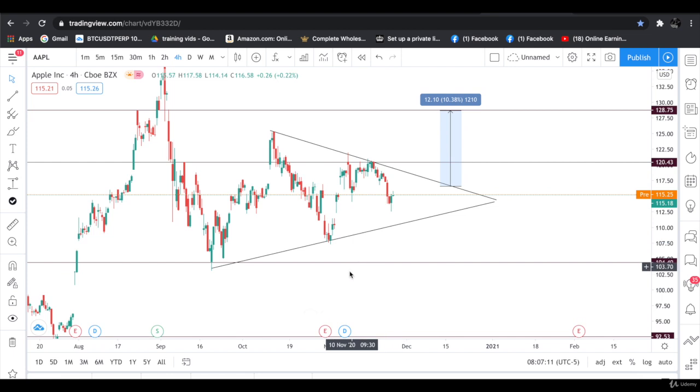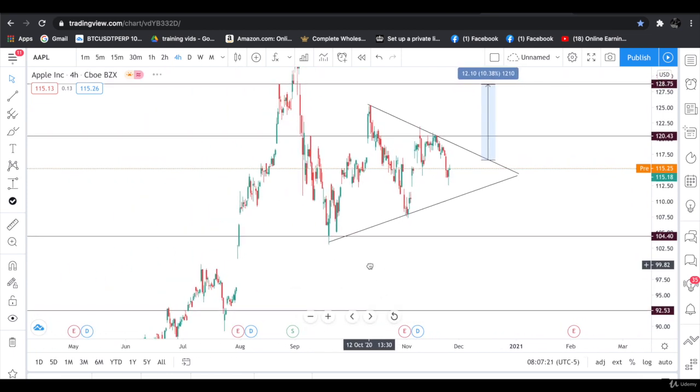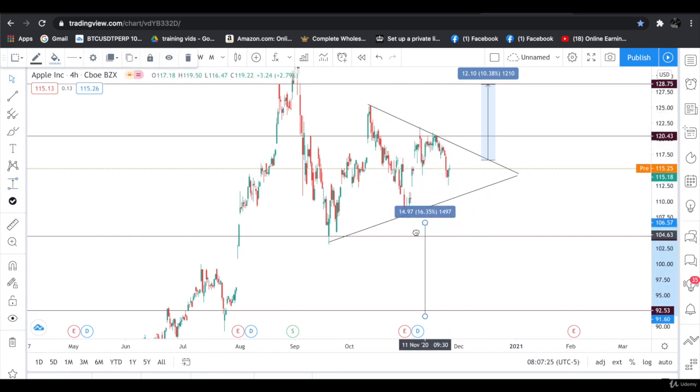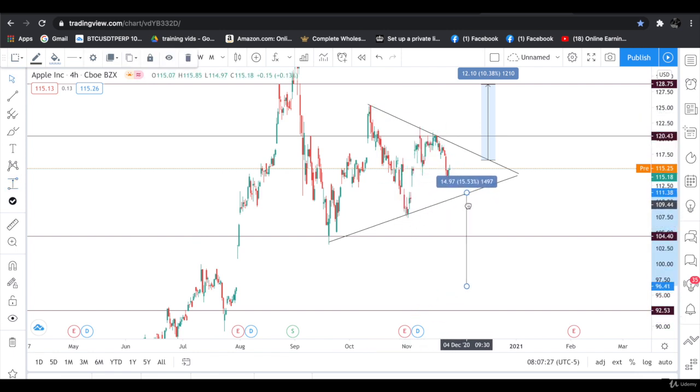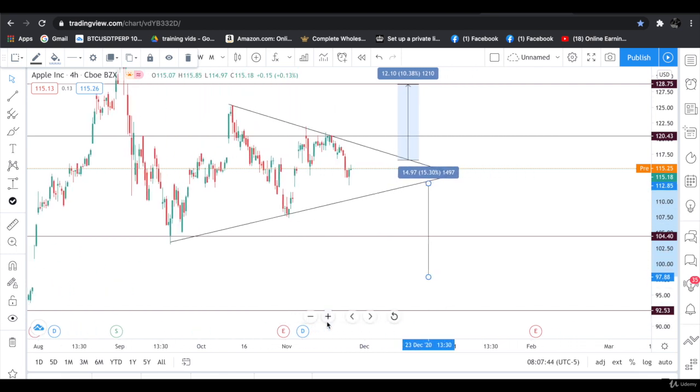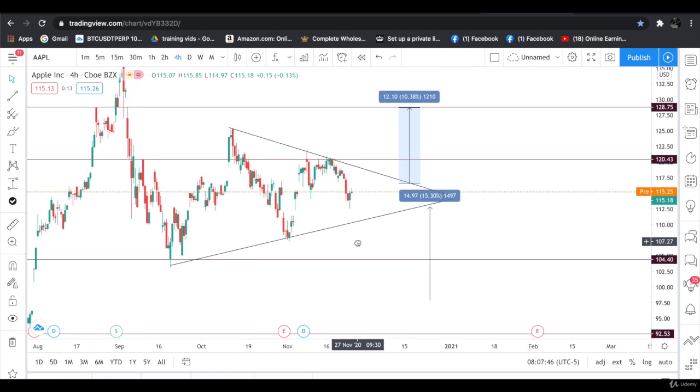And if it breaks down to the downside, then our target would be, let's measure it again, towards here. So now the wait and watch scenario is going on. We have to keep an eye on this triangle for breakout and breakdown. For confirmations, we can use the indicators.